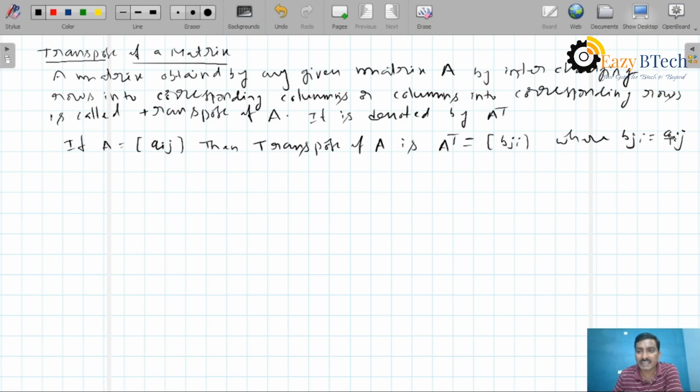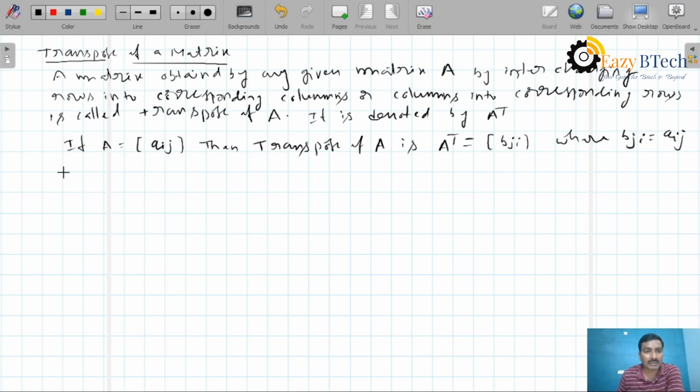That means the element in the ith row and jth column is moved to the jth row and ith column. The rows are converted into columns, or columns into rows. So it is one more representation.